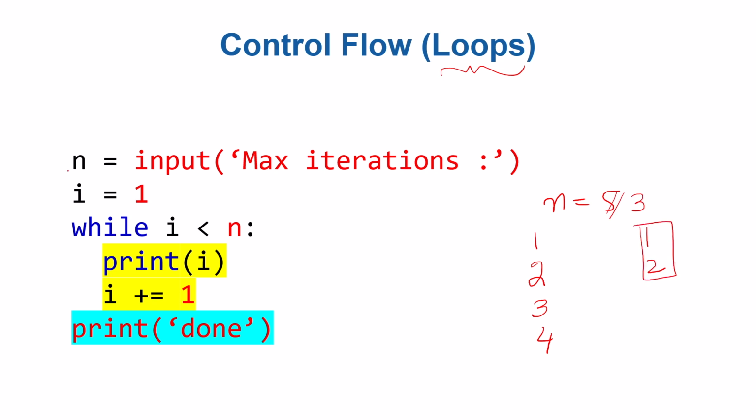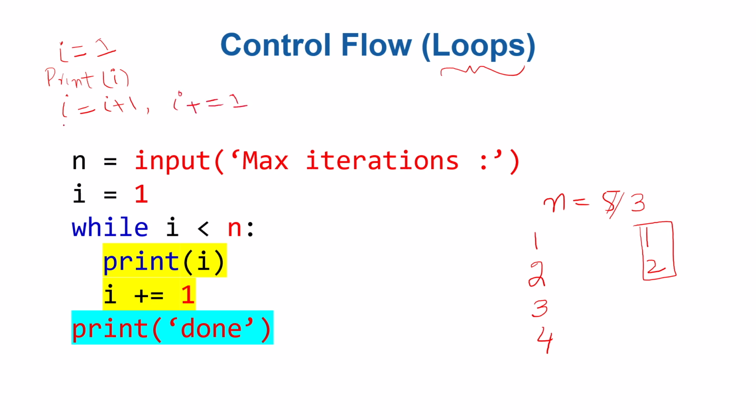This is easy. If the user enters n, we could have written this: initialize a variable I with 1, print I, and then I equals I plus 1, or in Python we can write this quickly as I plus equals 1.